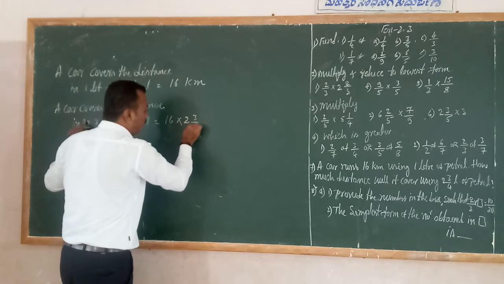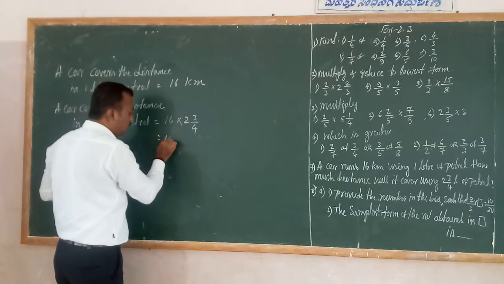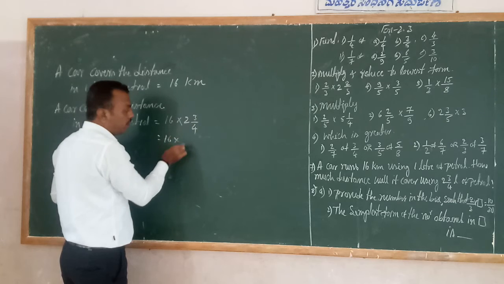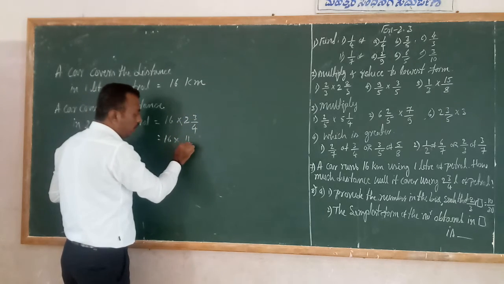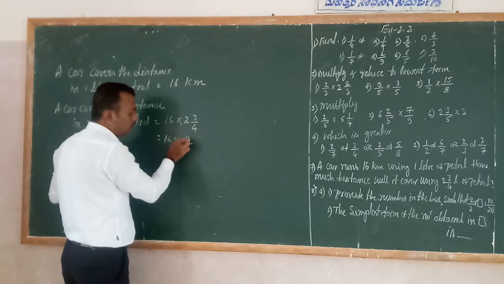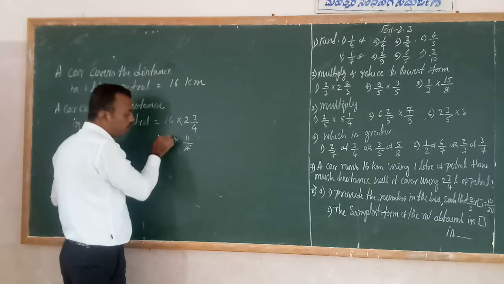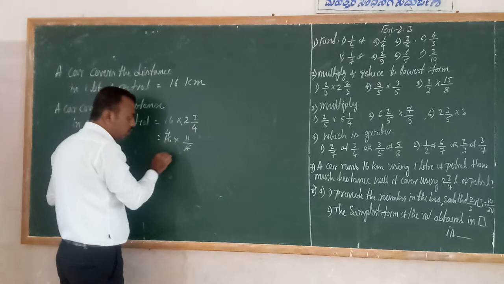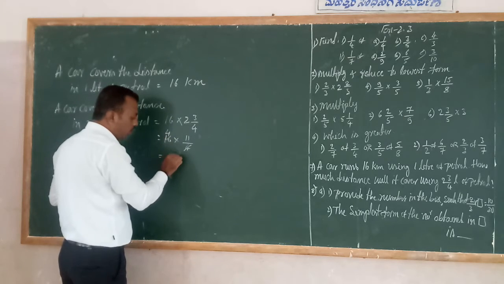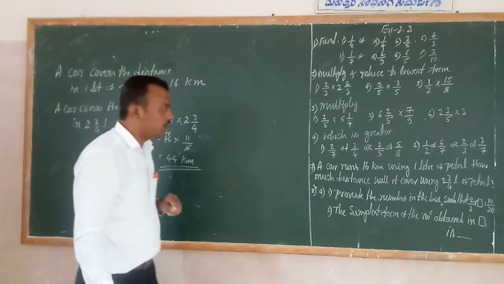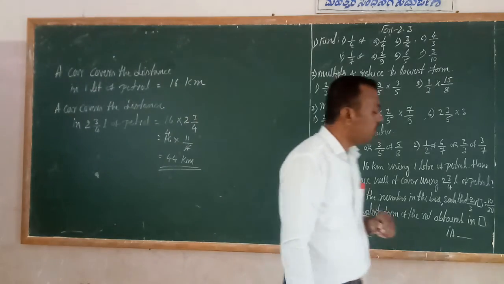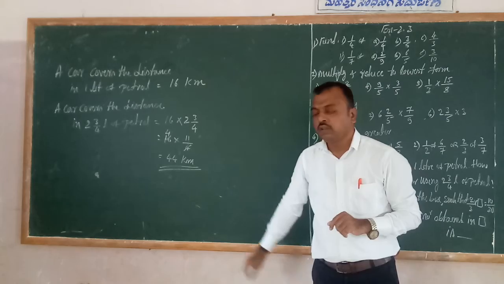Now 16 into 2 3/4; we have to convert to an improper fraction. 4 2s are 8 plus 3, 11/4. Now we have to divide. 4 1s are 4, 11 4s are 44 kilometer. So the car covers 44 kilometer with 2 3/4 liter of petrol.